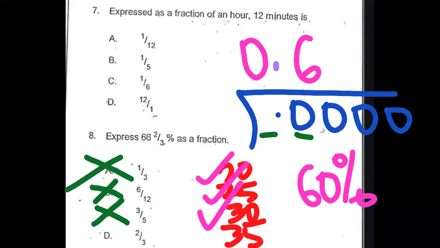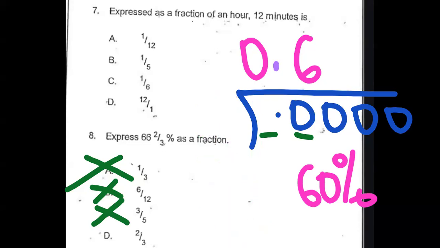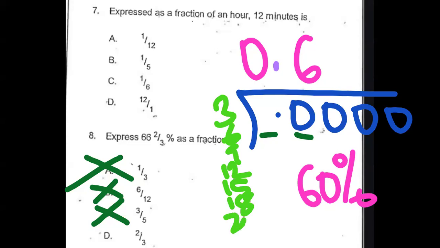Now let's see what happens when we divide 2 by 3. So we're going to put 2 on the inside and 3 on the outside, right? Three here. 6, 9, 12, 15, 18, 21, 24. Right? With the 2 on the inside there. All right.